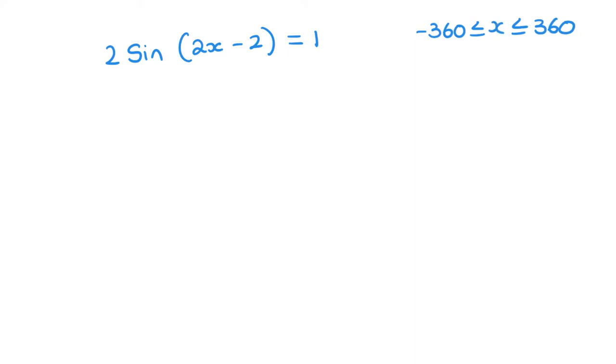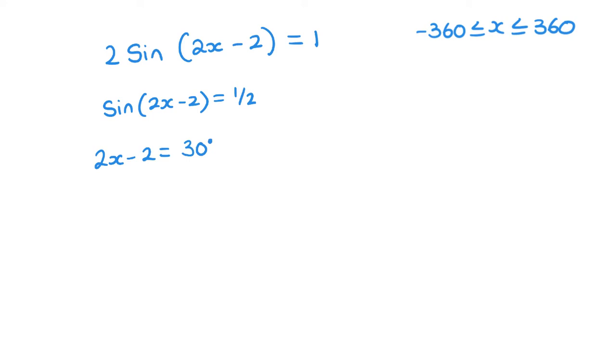So I think some of you spotted straight away that that means that sine of 2x minus 2 equals a half. Okay? So that means that 2x minus 2 equals 30 degrees, yeah? Because we did inverse sine. So what did everyone do?